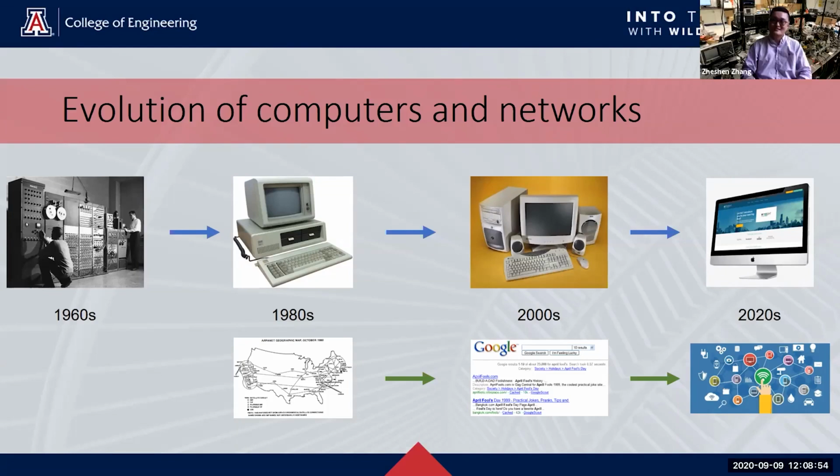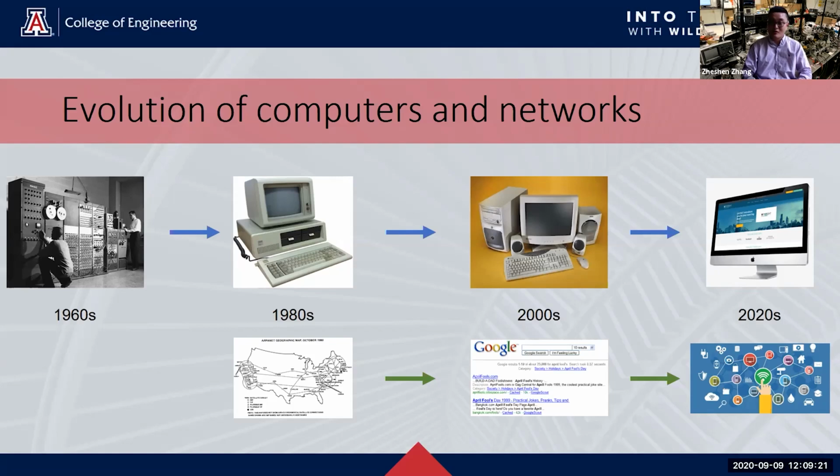So it shows an amazing trajectory of the evolution of computers and networks. As you see, 60 years ago we had very bulky computer systems, which evolved all the way into a very compact desktop iMac that I'm currently using. The same is true for the network. In the 80s, we only had a network connecting a handful of nodes across the country.